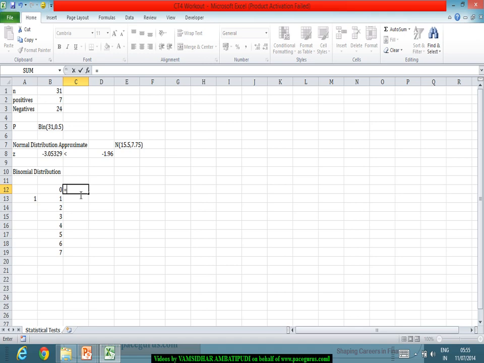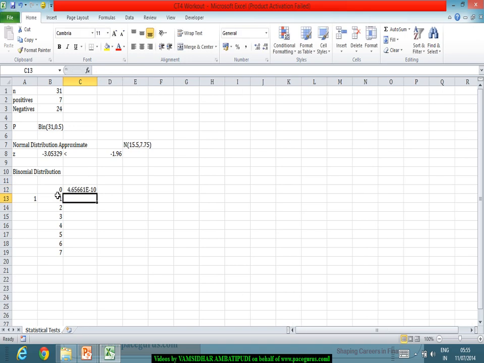So let me see the binomial distribution here, nC0 into, probably I can directly take it as 0.5 to the power 31. So if I am looking at 0 or below, the overall thing is working out to just 0.0016.